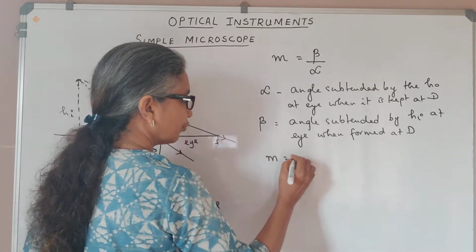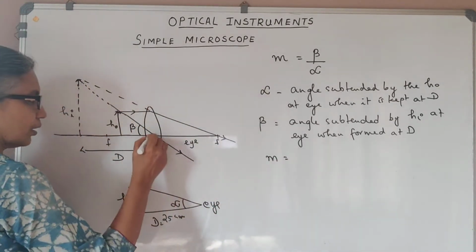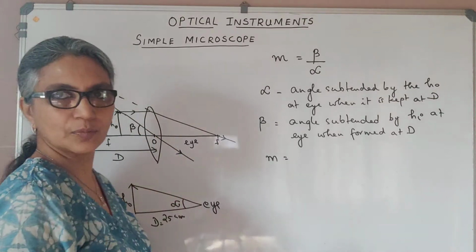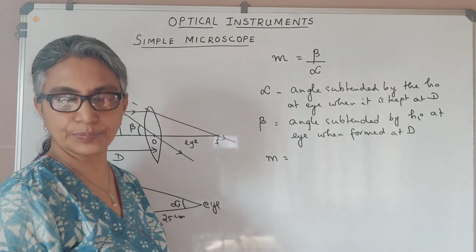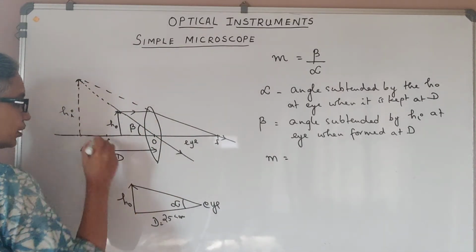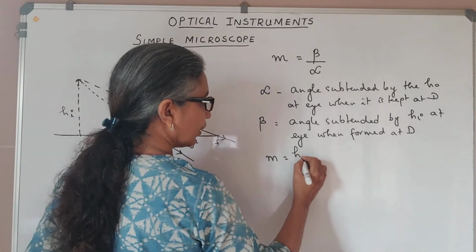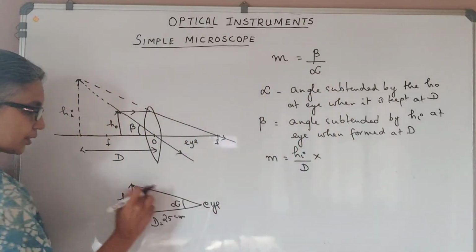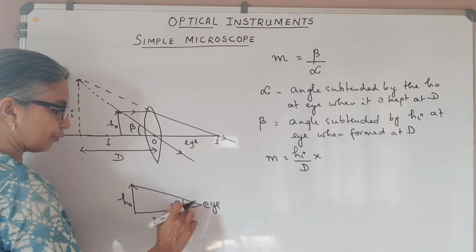So from the figure, beta I can write as, from this big triangle, tan beta for small angles can be approximated to beta. So tan beta is opposite side by adjacent side. So that's HI by D. So we have HI by D here into alpha from this. Tan alpha approximated to alpha.